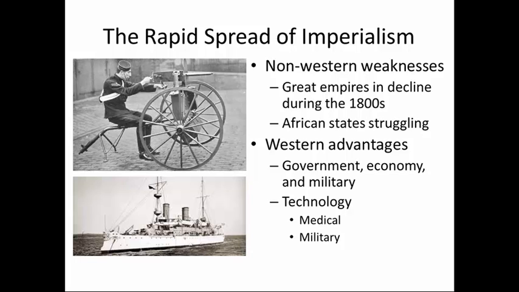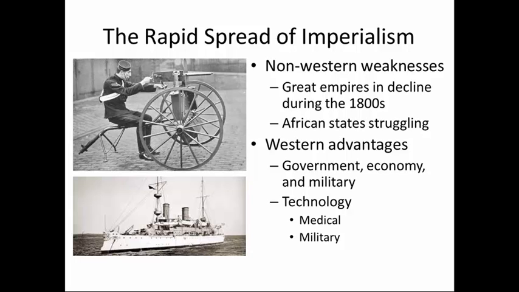And so it kind of created the perfect storm for those people in that there was a power vacuum. One empire was on its way out, and the Europeans were on their way in pretty much at the same time. So the Europeans were able to take advantage of that situation.